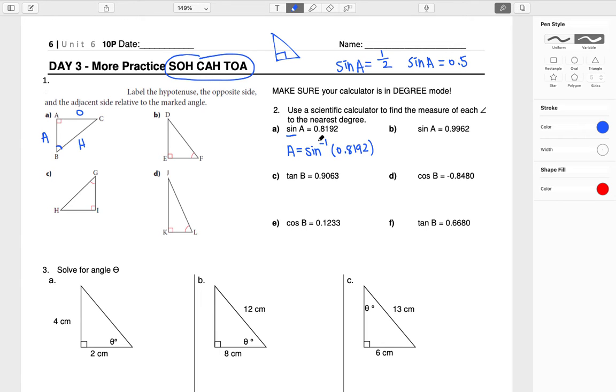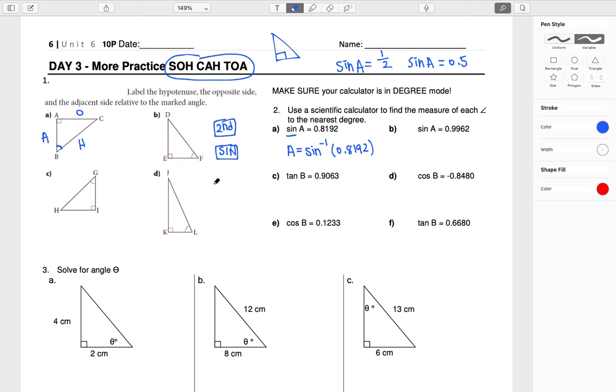So how do I do this inverse function? On your calculator, you will see a second function button. So try to find the second function, and you're going to press the second function and then press sine. And then hopefully you will see -1, then put in 0.8192 and press equal sign. Now for some calculators, you will have to do the opposite.